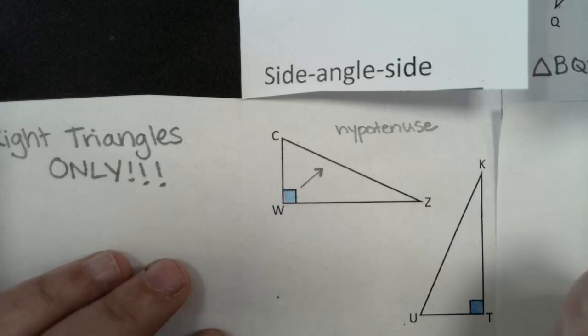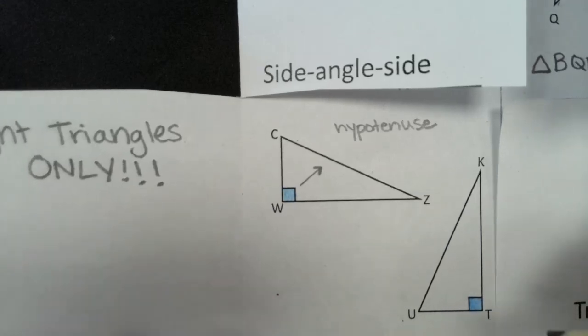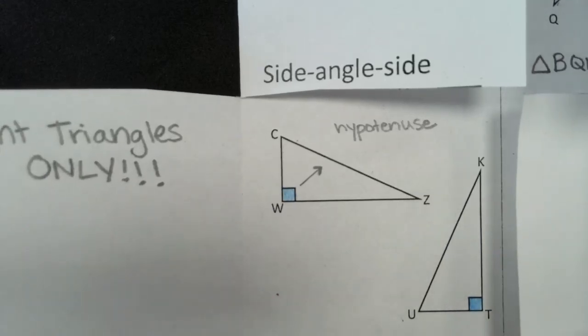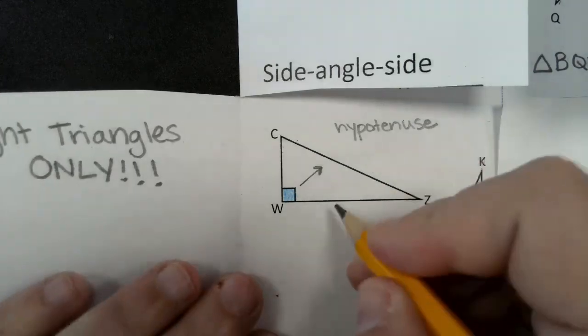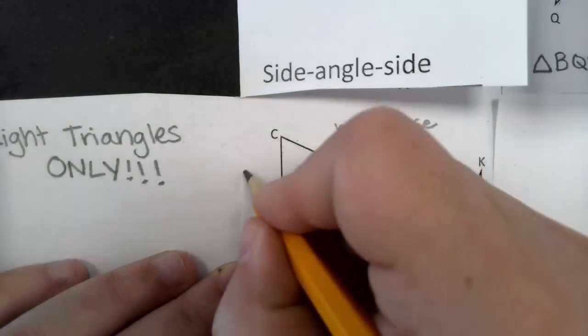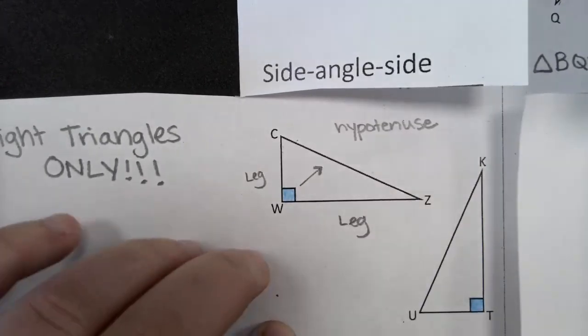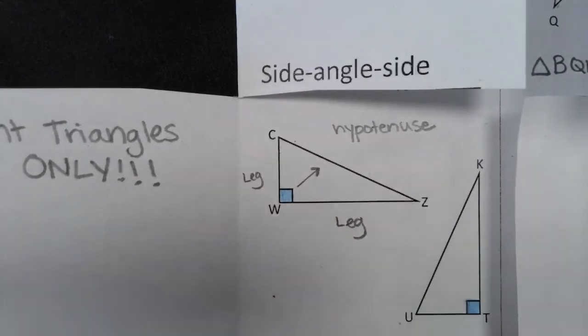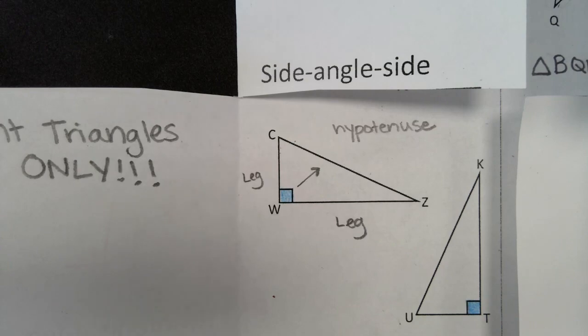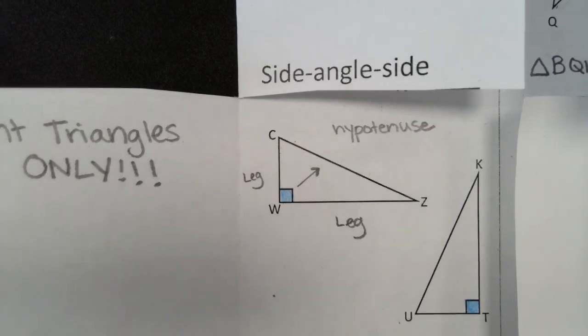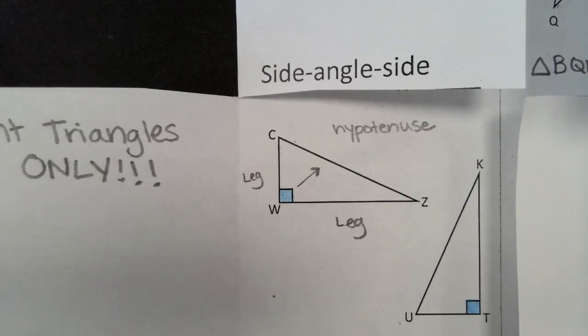You can thank the Greeks for that. And we call these other two parts the legs. Doesn't matter. So I have leg and leg. Two legs, one hypotenuse. You always think that hypotenuse is the longest length on the right angle triangle.